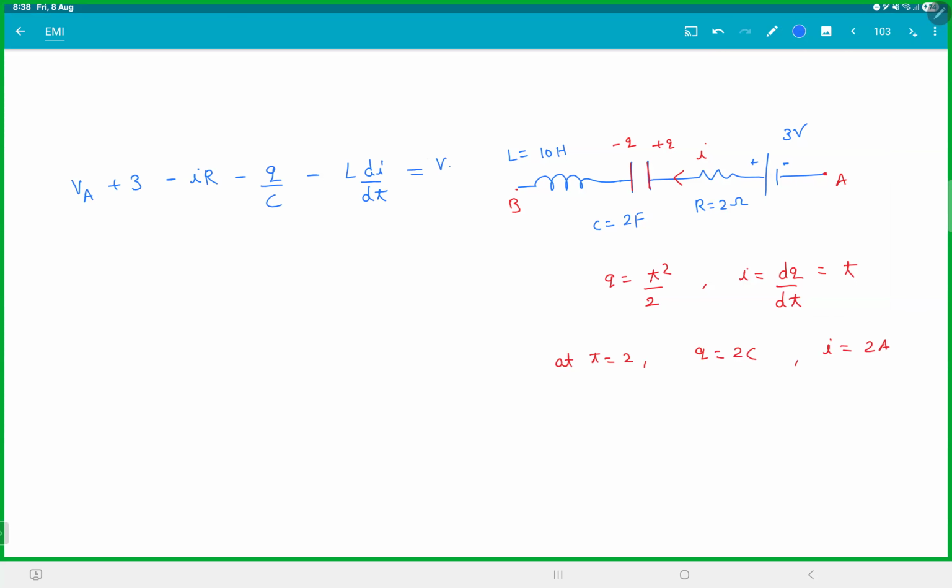This will reach VB. So VA plus 3, current is 2, resistance is 2, charge is 2, farad is 2, this is 10, di by dt is 1. Plus 3, minus 4, minus 1, minus 10. VA minus VB will be 12.